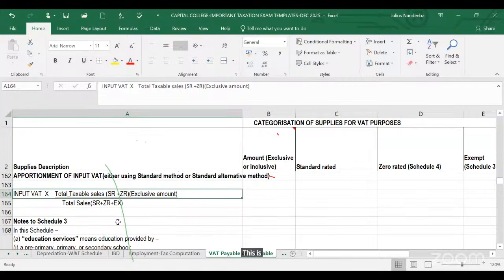This is the formula. You get your numerator, and the numerator is total taxable sales when they are exclusive. And taxable sales means the total of standard rated and zero rated.